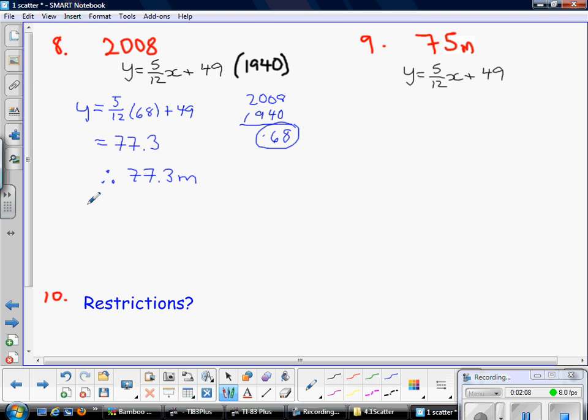Okay, number 9 asks, in what year will it be that someone could throw it 75 meters? So this time we know our y, we know our distance. So we're going to put 75 into our formula and we're going to solve for x. Now remember when we solve for x, whatever we do to one side, we do to the other. So we're going to subtract 49 from both sides.